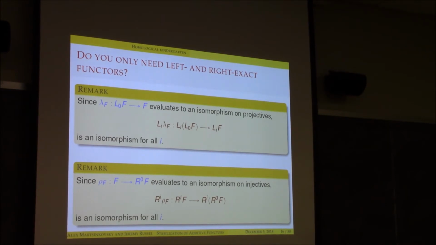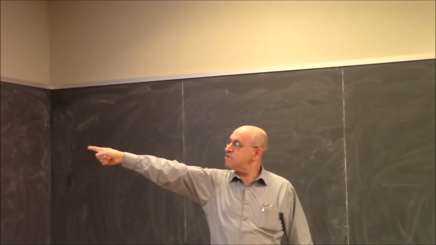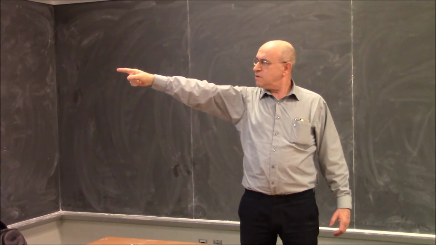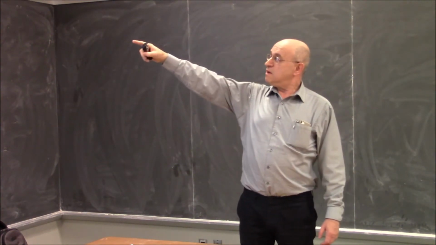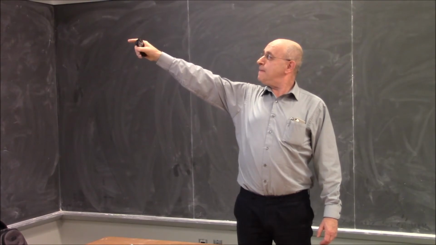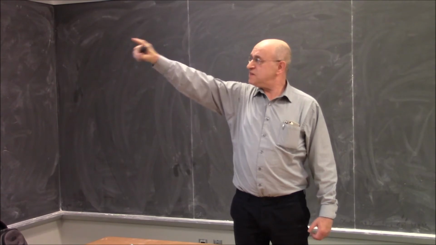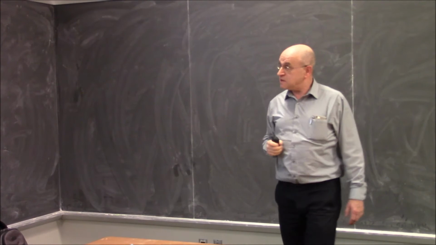Now this prompted Eilenberg to insert that opinion that the derived functors, he writes, the right derived functors are only interesting for those functors which are left exact, and the left derived functors are only interesting for functors which are right exact.